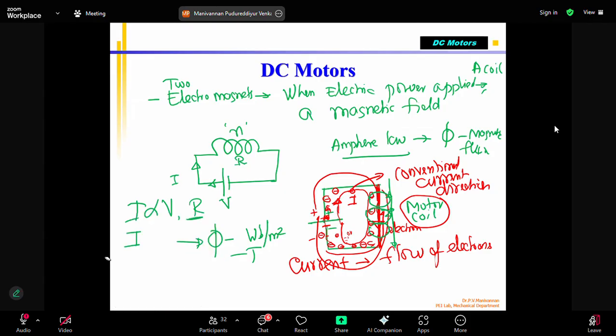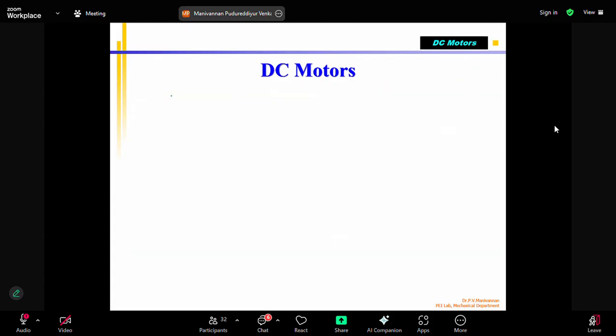Now, when we talk about a motor, I said it has two coils or two magnets. It has two electromagnets, which produce two magnetic fields. One is called the field magnet, I say phi F. The other one is called the armature magnet.